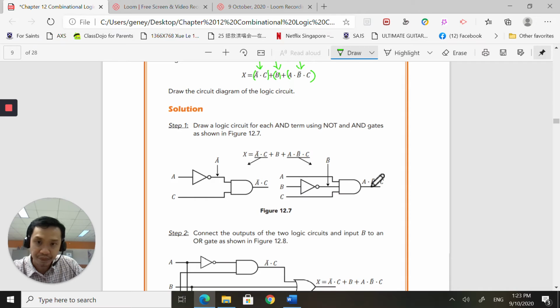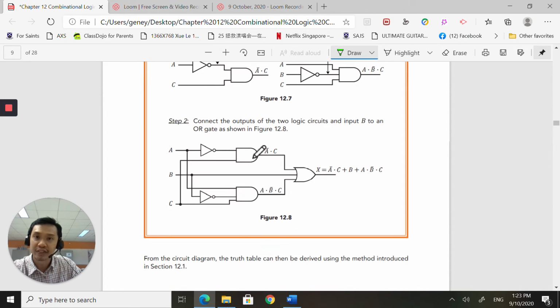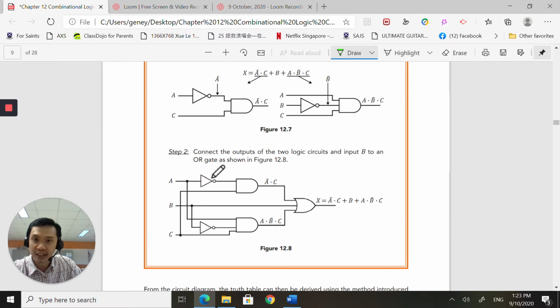Then B, of course, we don't need to do anything, it's just a straight up B in. So this OR this OR B will give me the output X. I need to have this one here, which comes from this one, and B is just straight in.